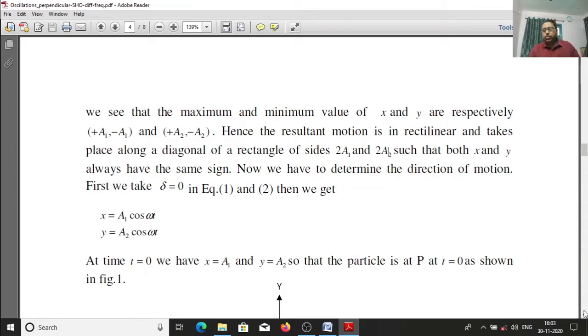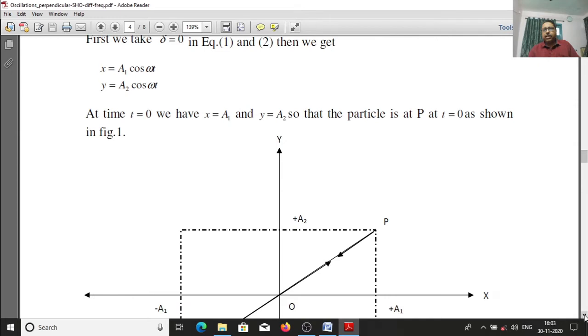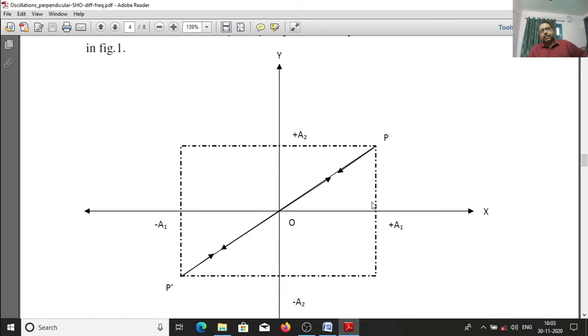That means when the motion first starts, the particle is at point P at t equal to 0, as shown in this figure.